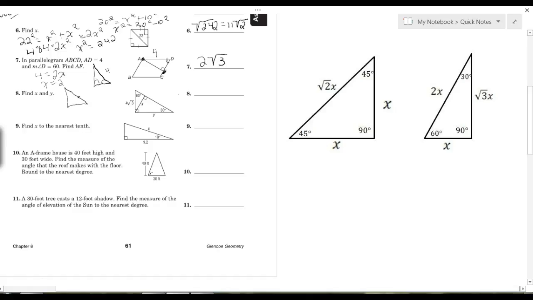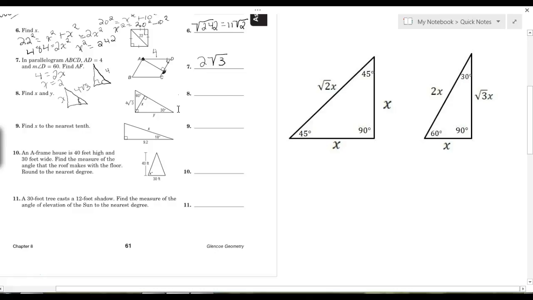So when I redraw this, my hypotenuse is 4 times the square root of 3. My short side, I'm not given any information on, and this longer side, which is across from the 60-degree angle, is x that I'm looking for.